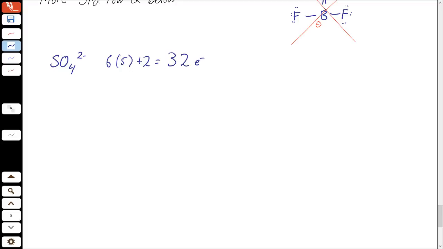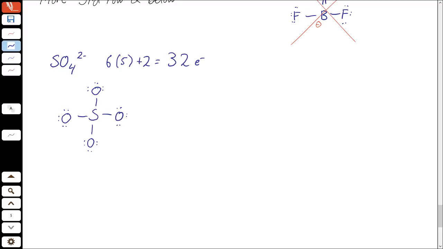So there's 32 total electrons in this structure. So we could draw it like this. There's 8 electrons used. 10, 12, 14, 16, 18, 20, 22, 24, 26, 28, 30, 32.